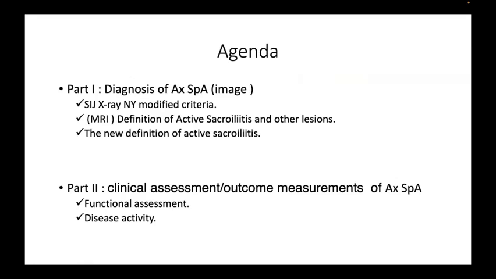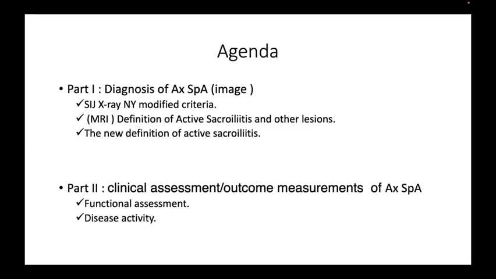I will mention the New York modified criteria. Then I will discuss in a little detail the MRI definition of active sacroiliitis and other lesions. Finally, there is a new definition regarding how to define the sacroiliitis related to axial SpA.